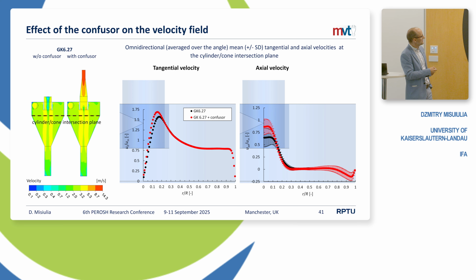It can be better seen when one plots the tangential and axial velocity at the cut plane corresponding to the intersection of the cylinder and conical part. One can see the tangential velocities are higher with the compressor. As a result, the particles experience a stronger centrifugal force field, and therefore they are collected with a higher efficiency. So the compressor reduces the penetration based on two mechanisms: particle losses in the compressor and also higher tangential velocity.